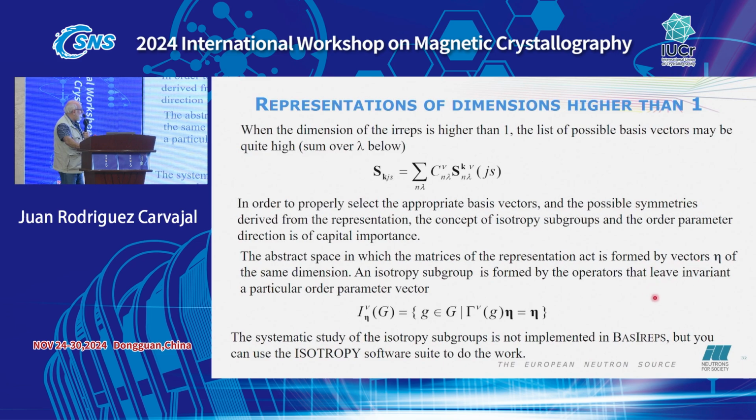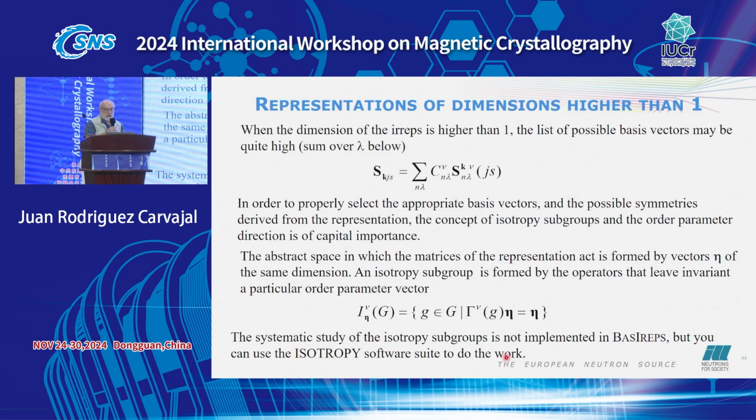Those elements of the group that leave these vectors invariant constitute a subgroup, and these are called the isotropy subgroup. One thing you have to know is that a systematic study of isotropy subgroups is not implemented in BasIreps, but you can use the ISOTROPY software suite to do the work.